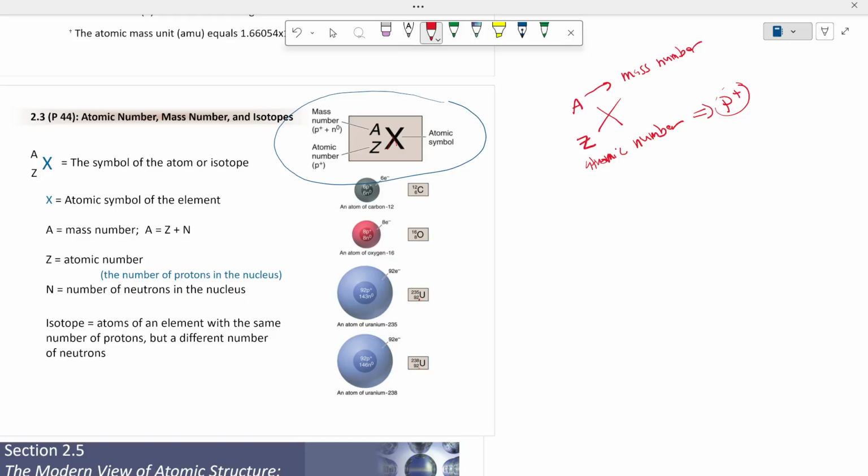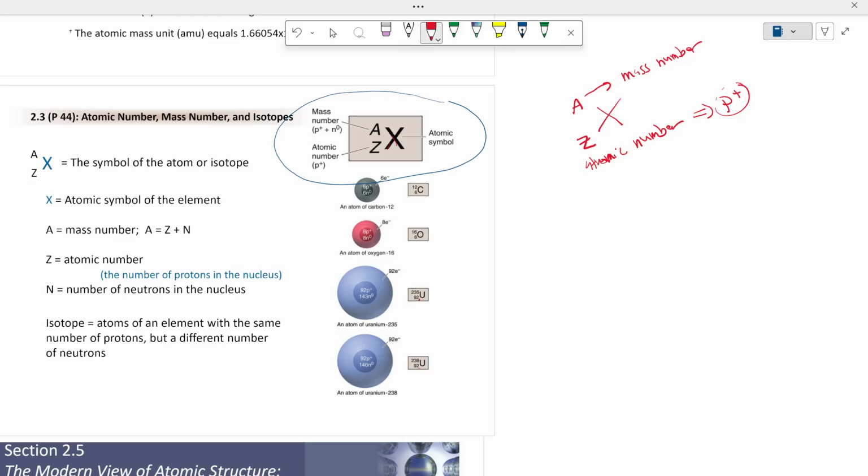And for all oxygen atoms in the universe, the atomic number is 8. They have a fixed number of protons. If the number is changed from 6 to 7, for example, then you will change the type of atom from carbon to nitrogen. Nitrogen is 7. If you change it to 8, then you will get oxygen, and so on.